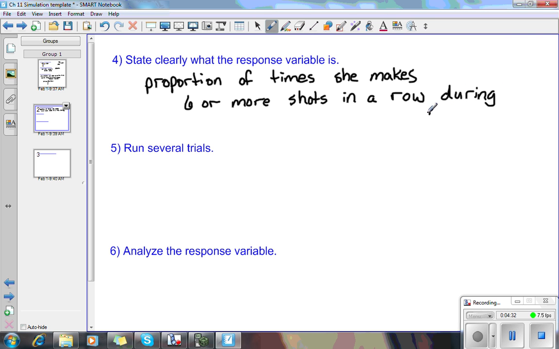Now, I got the wording for this from the question. If you look at the end of the last part of the question, that's where I got the wording. And that's a good place to get the wording.